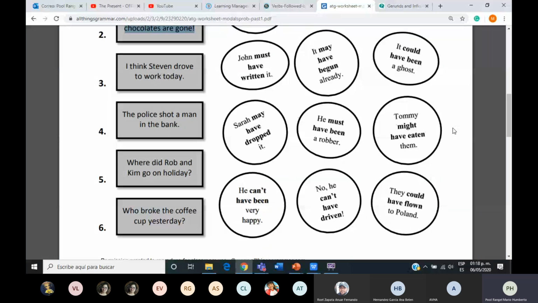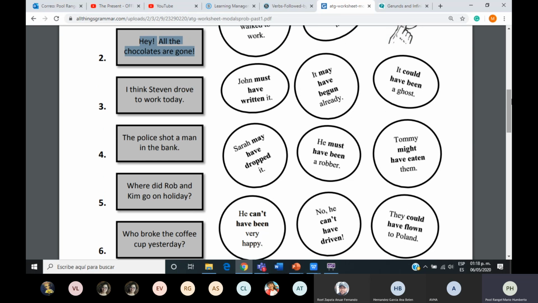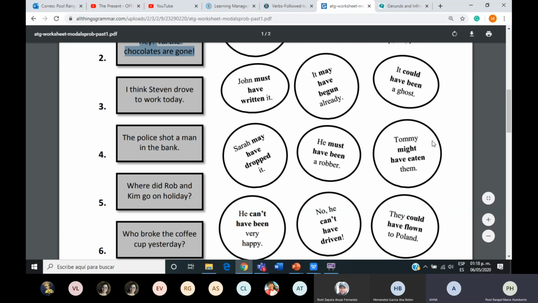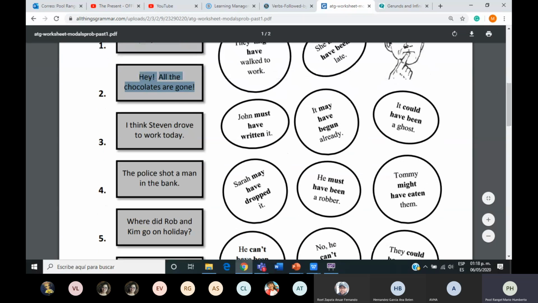He must have been a robber. Sarah may have dropped it. He can have been very happy. No, he can have driven, and they could have flown to Portland. So what do you think happened? Tommy may have eaten them. Yeah, Tommy might have eaten them. So Tommy might have eaten them because there's no more chocolates.